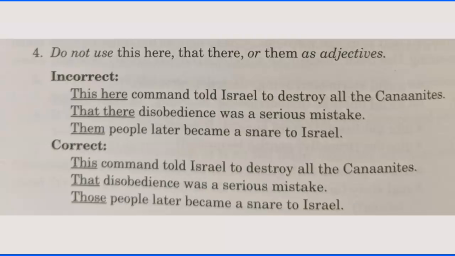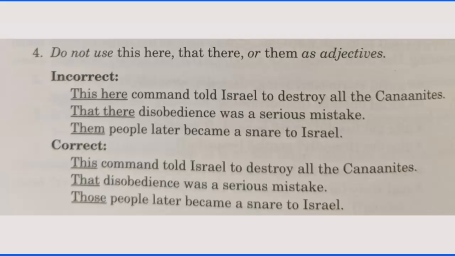Number 4, do not use this here, that there, or them people. So here's the examples. This here command told Israel to destroy all Canaanites. That there disobedience was a serious mistake. Them people later became a snare to Israel. You can hear the problem with this. We're adding extra words. It sounds very informal.